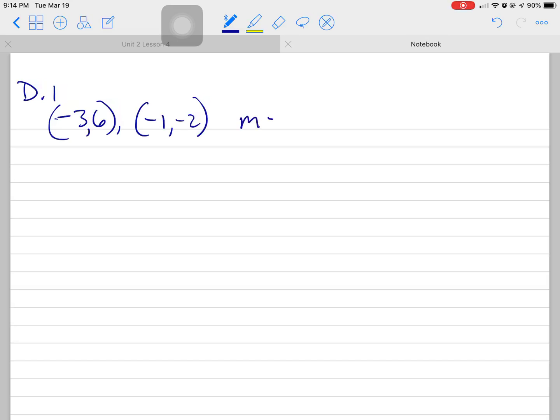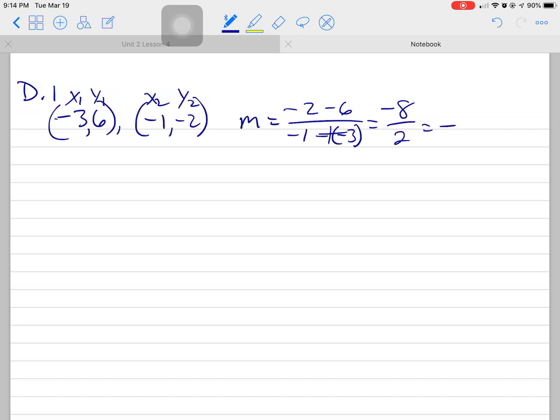So I need m first. x1, y1, x2, y2: negative 2 minus 6 over negative 1 minus negative 3 is negative 8 over 2, which is negative 4. I think so. All right, and then that gets me the slope, and I need one of these points.